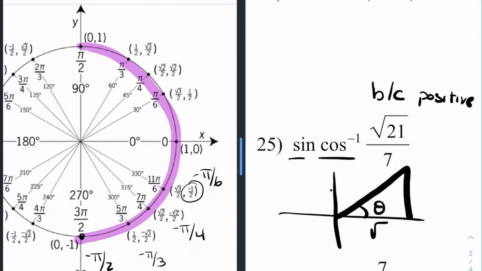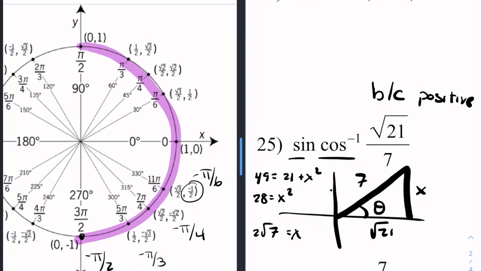Cosine is adjacent, root 21, over hypotenuse, 7. So to find the missing side, we would do 49 equals 21 plus x squared. So 28 equals x squared, which is 2 root 7 equals x.